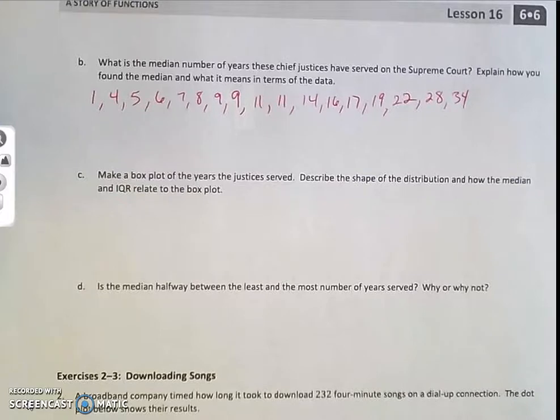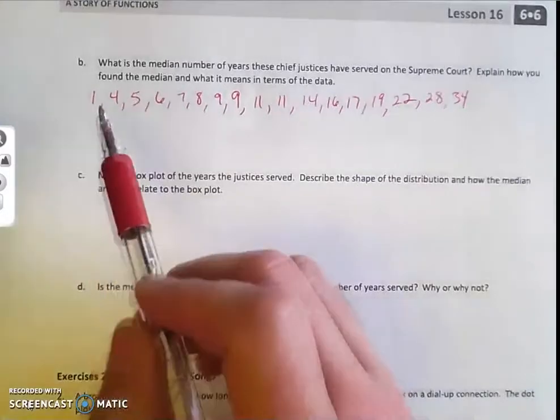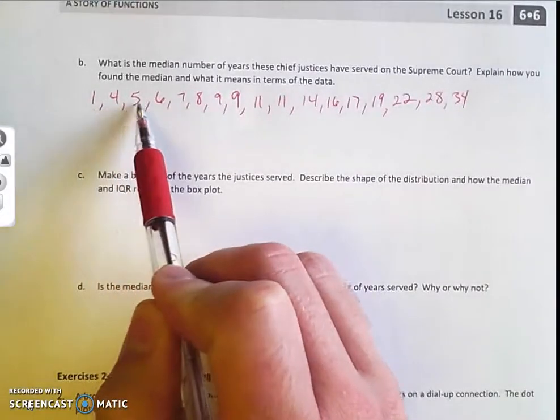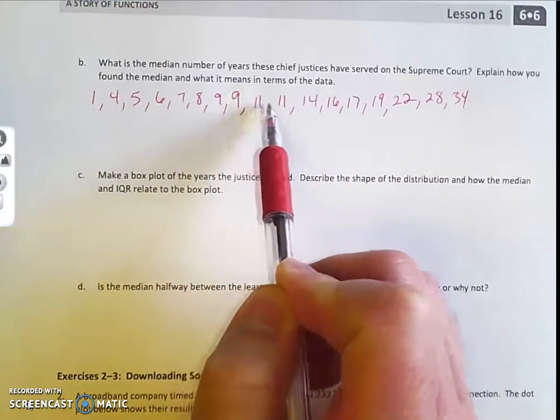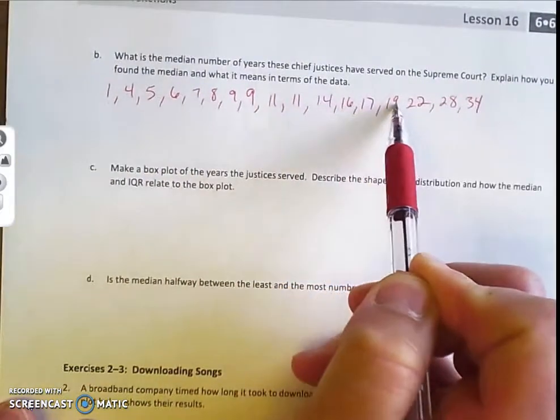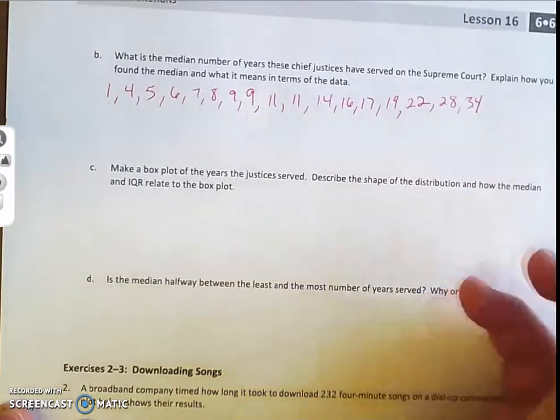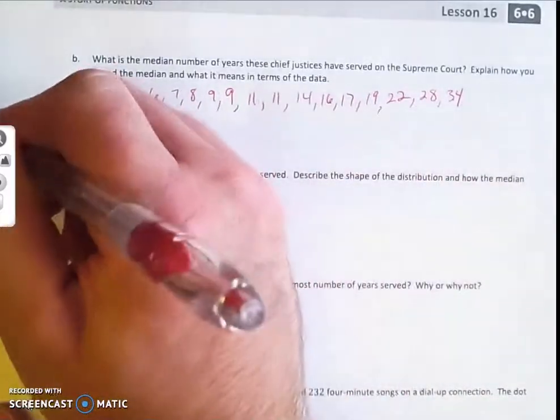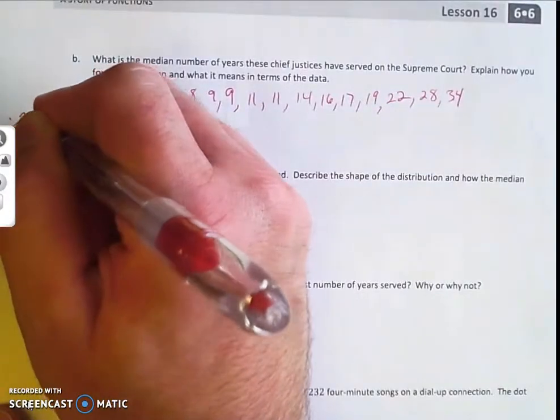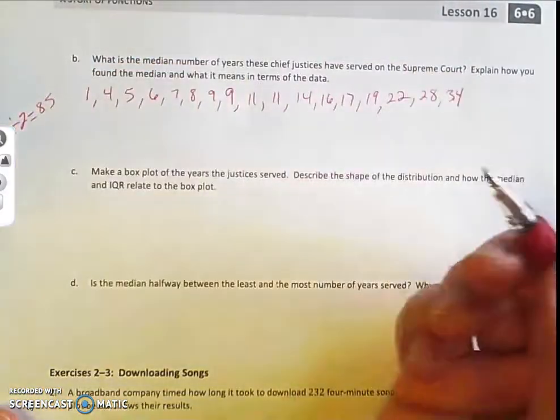Okay, so what we need to do now is find the median. So we count how many justices we have. So 1, 2, 3. So we have 17 Chief Justices listed. So we can think 17 divided by 2 is 8.5. Okay.